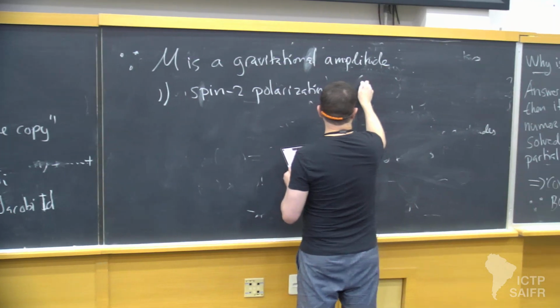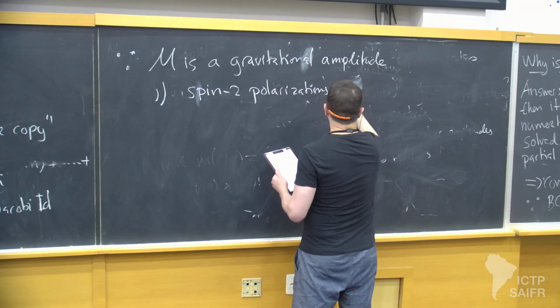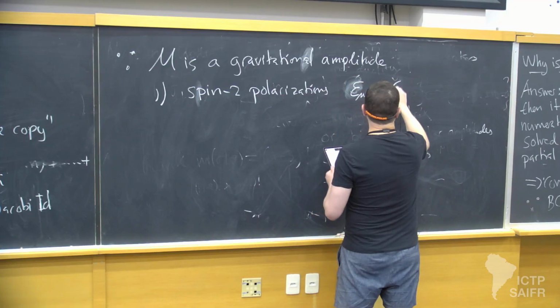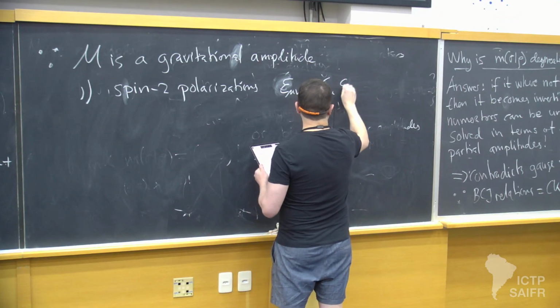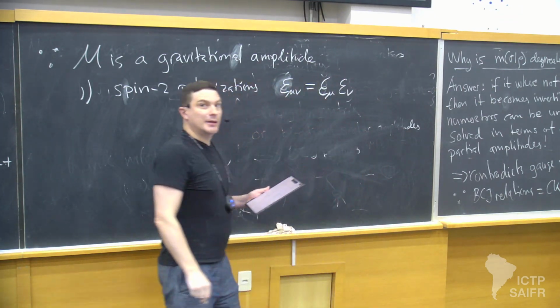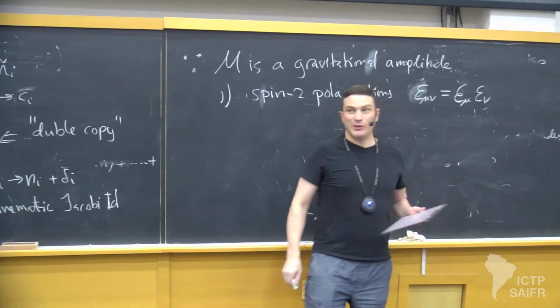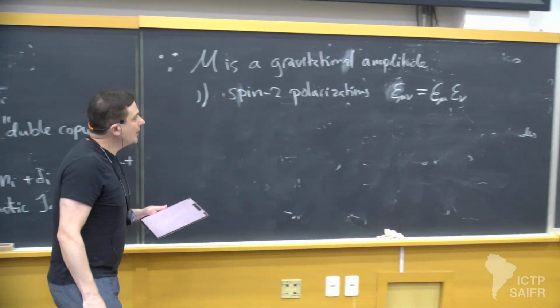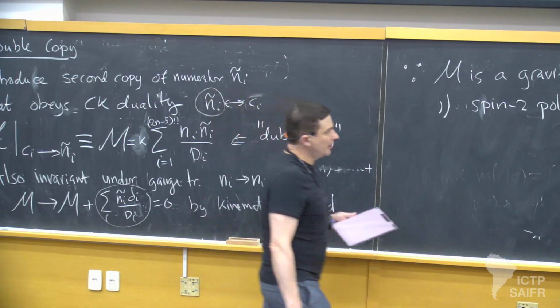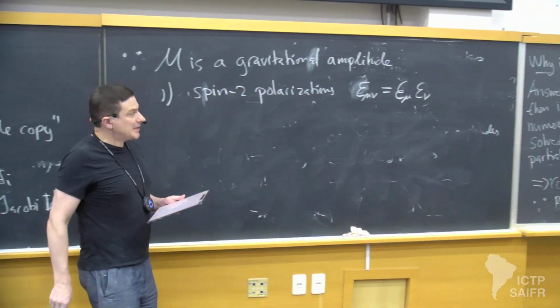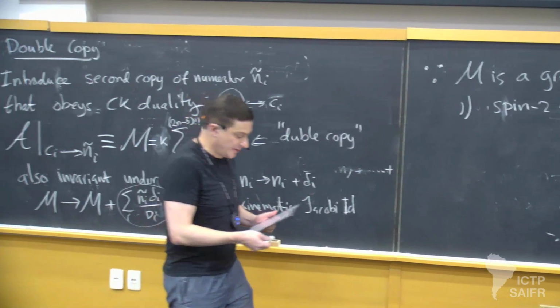So you can always write the polarization tensor as an outer product of two polarization vectors. You can always do that if these polarization vectors are null. Because then, if they are null, this graviton polarization will be traceless, which is what you want of a graviton polarization.